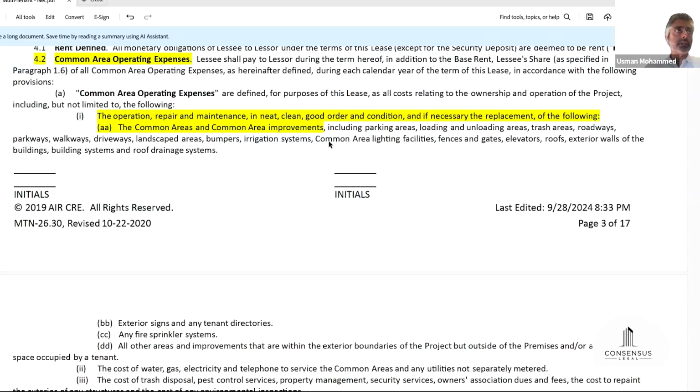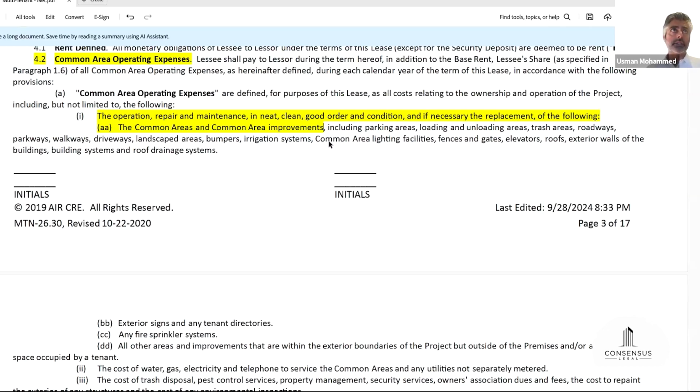When the AIR CRE lease says subject to reimbursement, the repair and maintenance that lessor is doing pursuant to 7.2, particularly with respect to the common areas, these are subject to reimbursement. And as we noted earlier, the multi-tenant gross lease is an industrial gross lease structure.